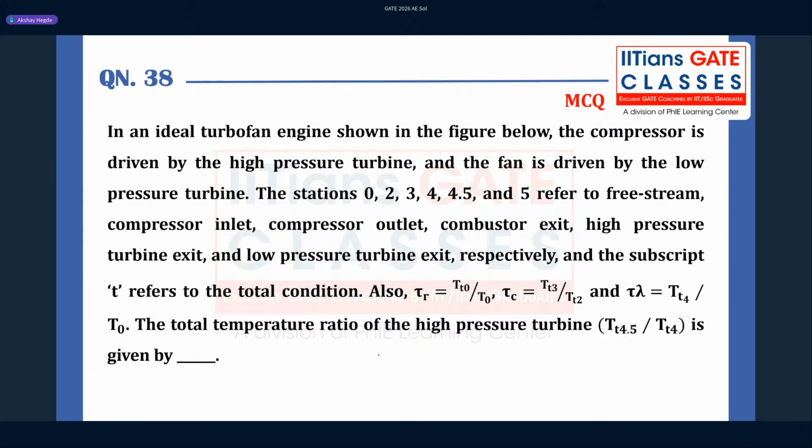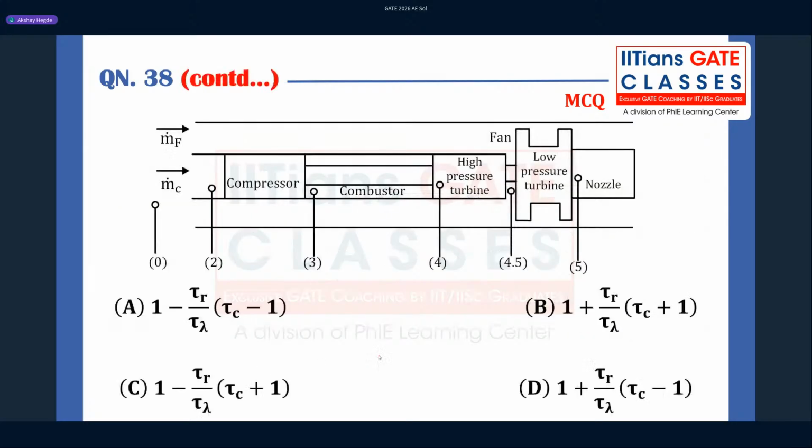There is a figure given to us with the statement. So what do we have here? There is a fan sitting at the downstream that is run by the low pressure turbine. Here we have to see the fan is completely run by the low pressure turbine, whereas the compressor is completely run by the high pressure turbine.